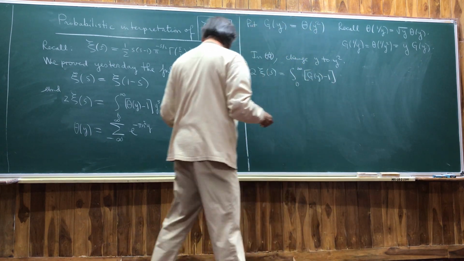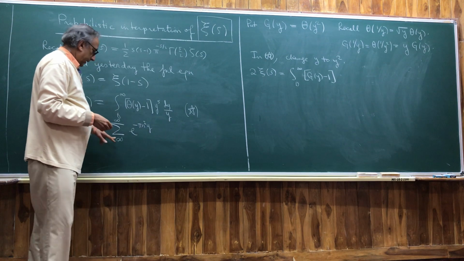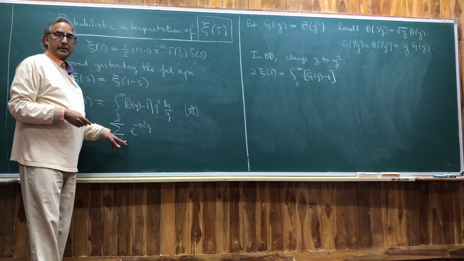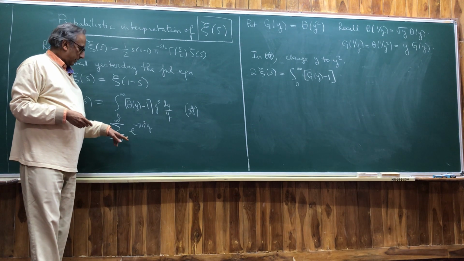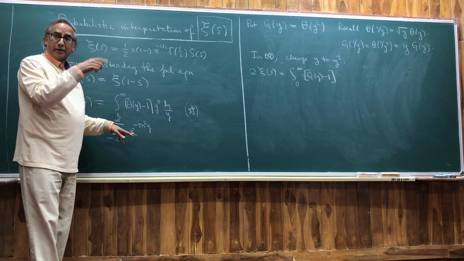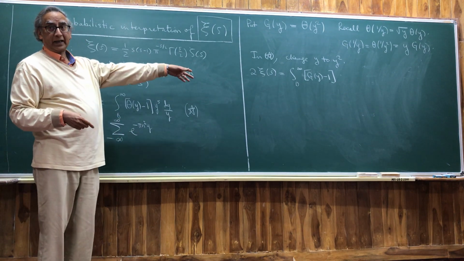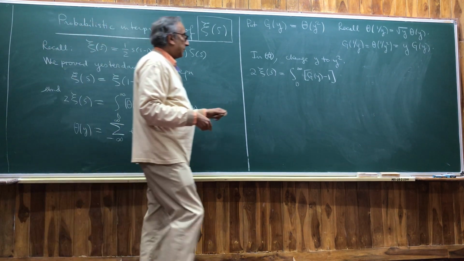Because the theta function has the n equals 0 term, it's divergent. You can't integrate 1 from 0 to infinity, so you subtract 1 and everything is exponential decay. So that's what's going on here.